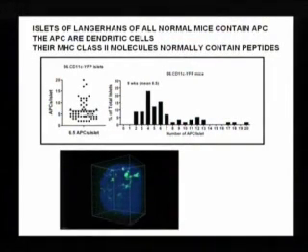So normal islets of Langerhans contain antigen-presenting cells in every normal mouse and human. Actually, this is a mouse with CD11c, a marker of dendritic cells. A transgenic was made where the YFP molecule is inserted in it.